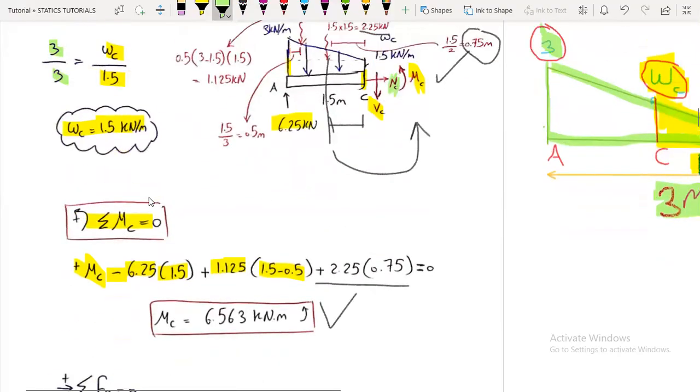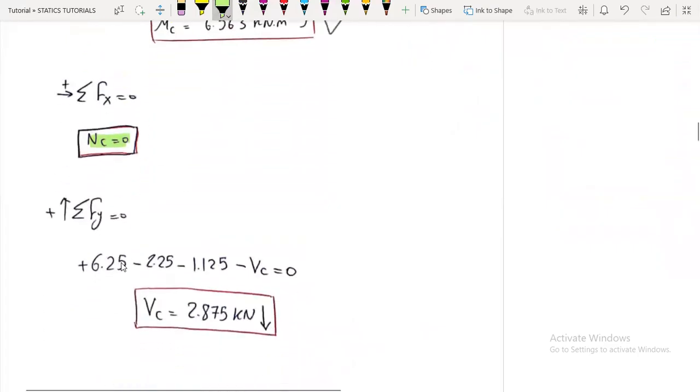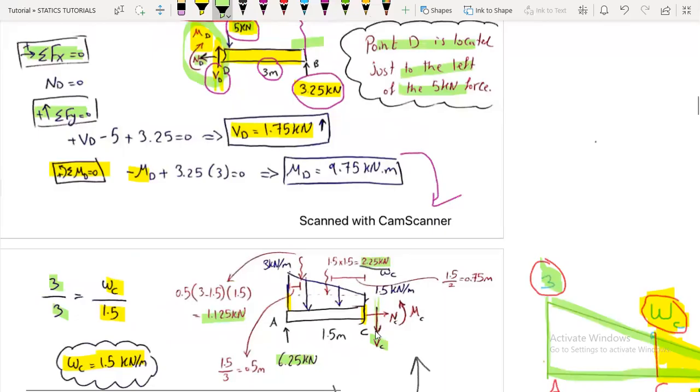Now, taking the summation of forces in the y direction to find the shear at C, we have plus 6.25 minus VC minus 2.25 minus 1.125 equals 0. So we get the shear to have a value of 2.875, and since it's positive, our assumption is correct. It is acting downwards.